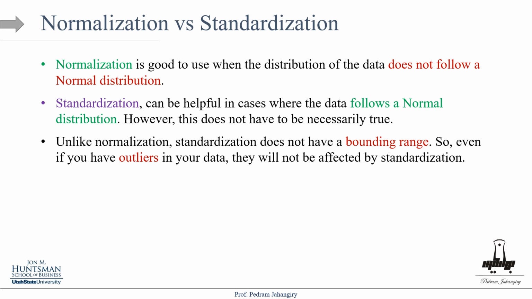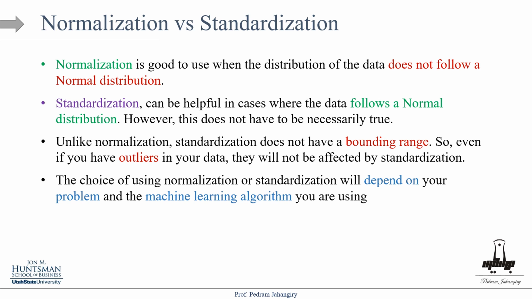So whenever you have outliers and you don't want them to be affected by the feature scalar, you would be better off using standardization versus normalization. And as I said earlier, it really depends on the problem and the machine learning algorithm that you're working with to decide if you want to do normalization or standardization.